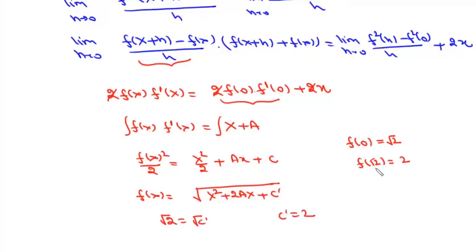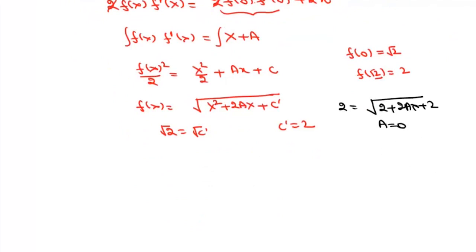And if we put x as √2, we can write 2 equals under root of 2 plus 2a√2 plus 2. Now we square it, we get a equals 0. So a is 0 and c' is 2. So basically our function f(x) will be under root of x² plus 2, and that is the answer to this question.